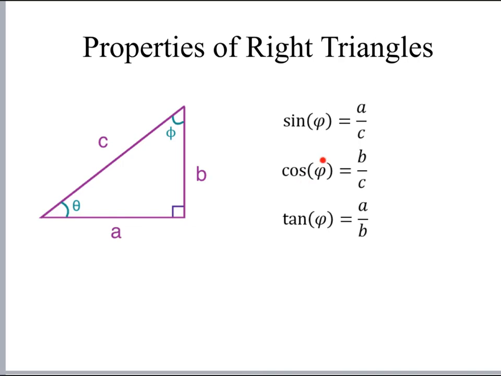But the cosine of phi is going to be the adjacent over the hypotenuse, that gives me B over C, and then of course the tangent of phi is going to be the opposite over the adjacent, which gives me A over B. So it's completely different from the sine. In fact, everything's kind of flipped around. So you want to make sure that you draw your triangle, look at where your angle is, and apply the definitions.